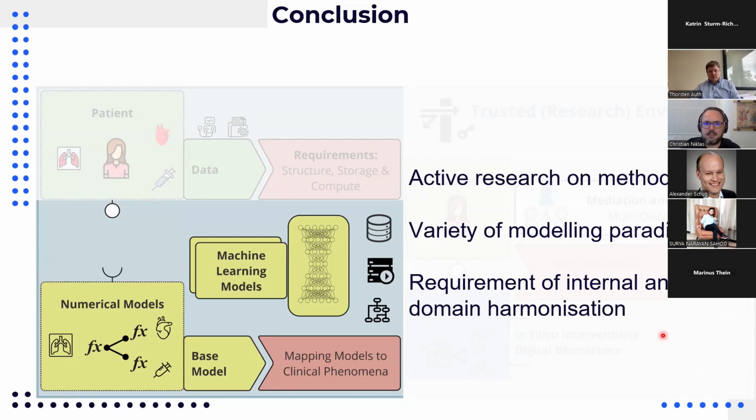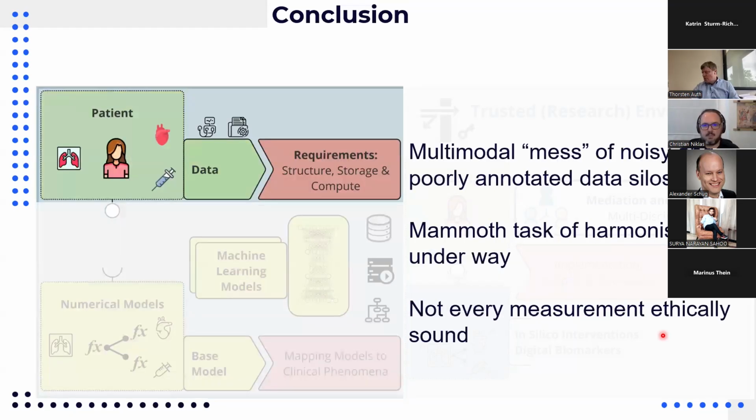But it needs to be harmonized internally to be able to talk about the same semantic concepts within the field, and there are initiatives for that, but also trans-domain, because otherwise you won't be reaching the endpoints that you want to inform. On the other hand, we have a multimodal mess in medicine. It's noisy, it's poorly annotated, and it's kept in silos.